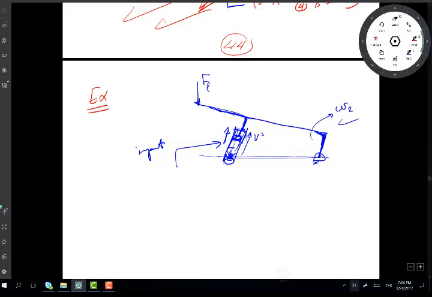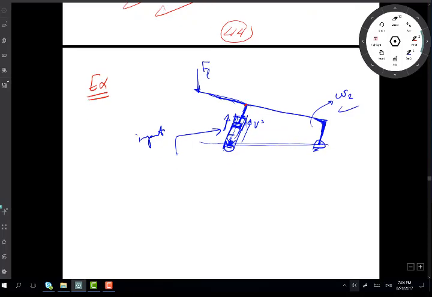So I want to draw a linkage as an equivalent to this machine. This here is fixed. This length changes. It's 90 degrees. I can have a slider here and allow sliding in this direction.